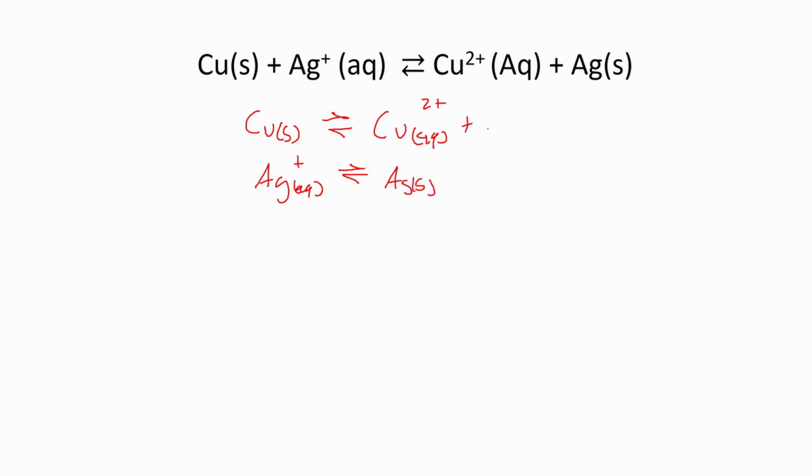If we were to balance these reactions electronically, we would have 2 electrons on the product side of the copper half reaction and 1 electron on the reactant side of the silver half reaction, and we would have to multiply the silver reaction by 2 so that the 2 reactions are balanced.